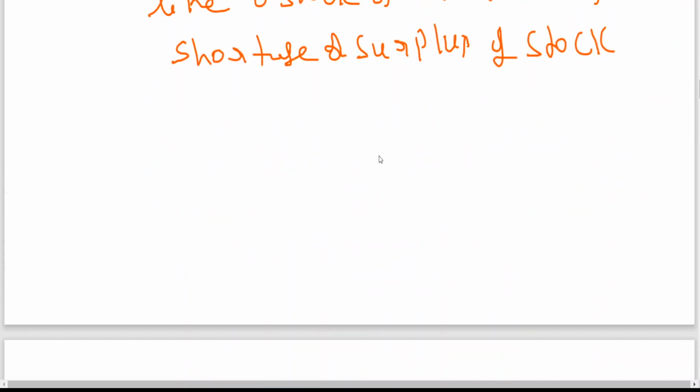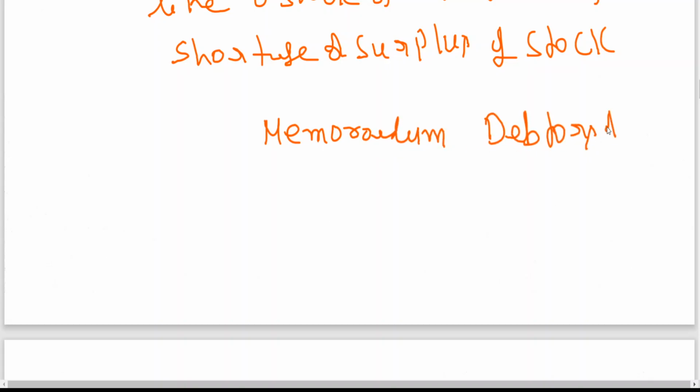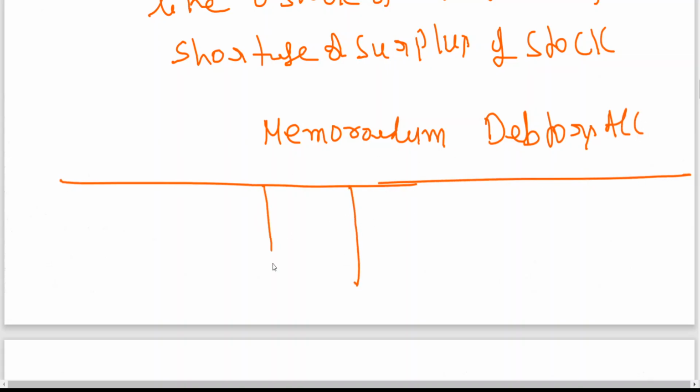Okay, and the pro forma we have to open. Please remember, we will be using the term memorandum debtors account. Why memorandum? It's temporary. The debtors account format you are all aware of.